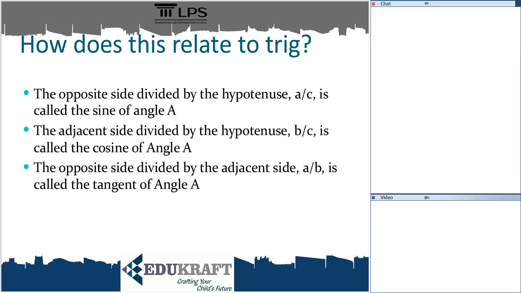So let us say I will quickly draw a right angle triangle here.